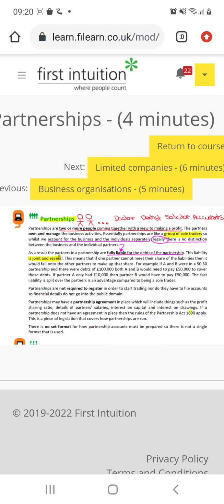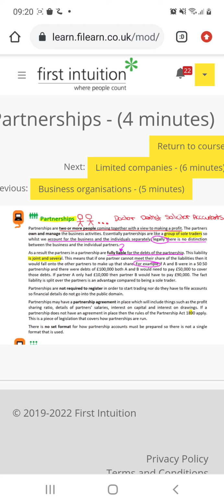This means that if one partner cannot meet their share of the liabilities, then it would fall onto the other partners to make up their share. And we have a numerical example here. If A and B were in a 50-50 partnership and there were debts of £100,000, both A and B would need to pay £50,000 each to cover those debts.